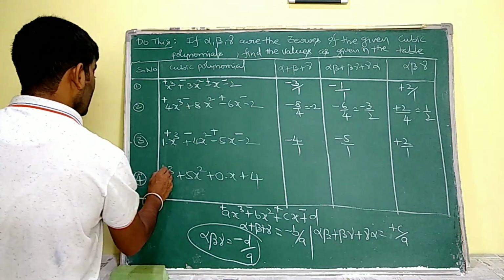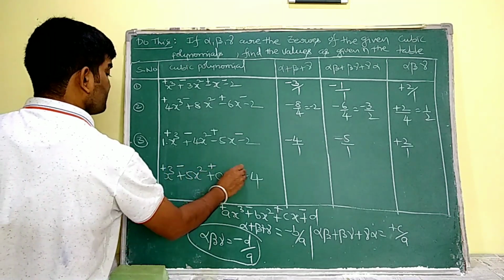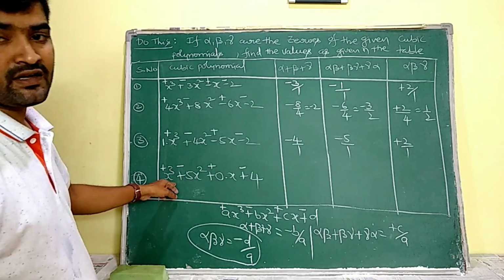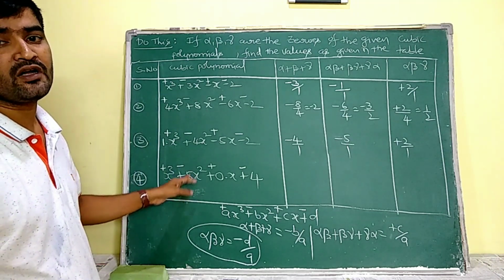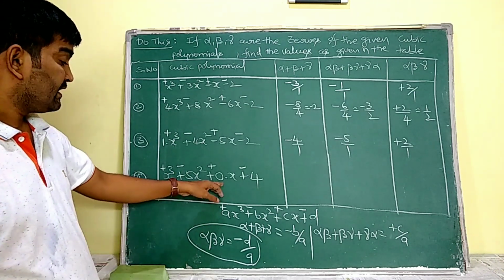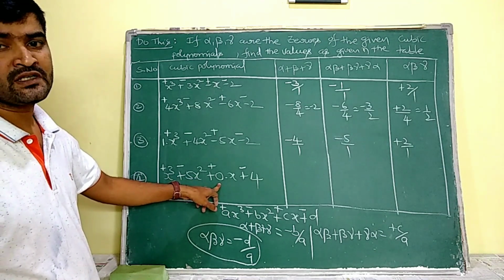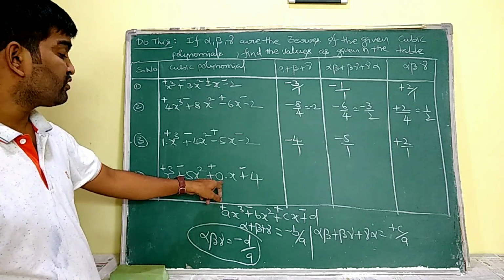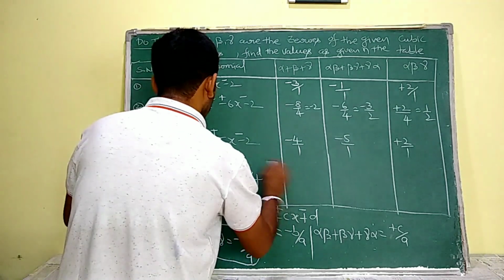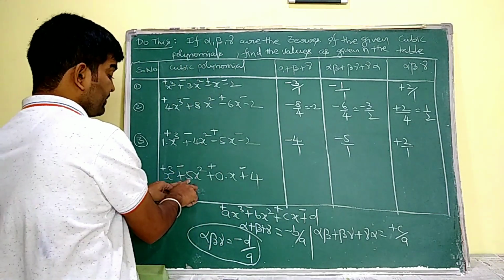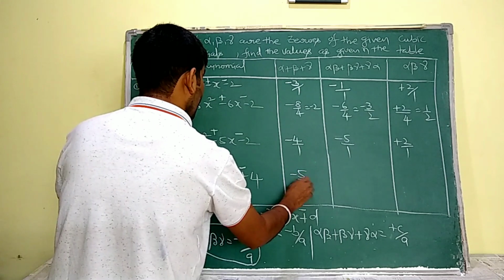Here also plus minus. See, while writing the cubic polynomial, we have to check whether all the terms are present or not. Here in this given question, the x term is missing. So in the place of the x term, I am going to write 0 into x. Now tell me the sum of zeros. Minus 5, see, minus of plus 5, minus 5 by 1. Why?